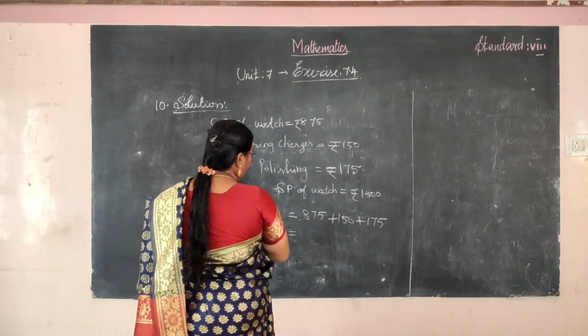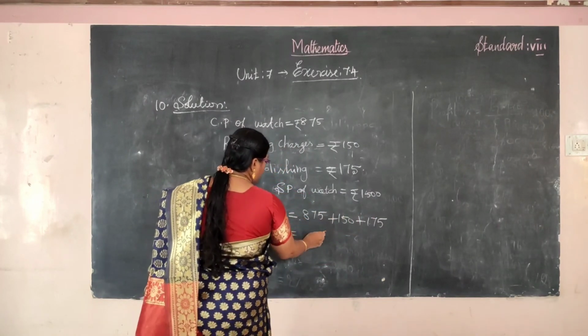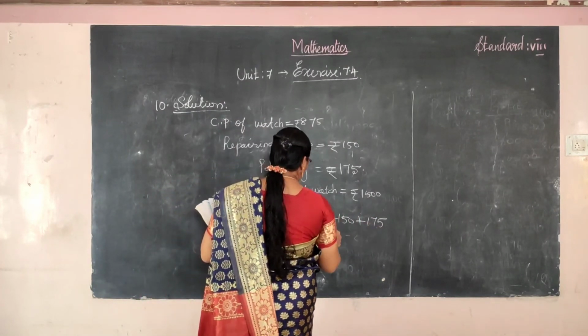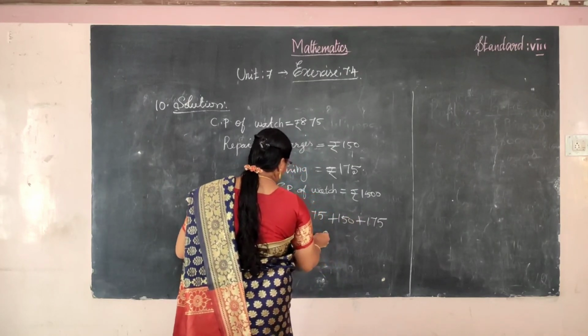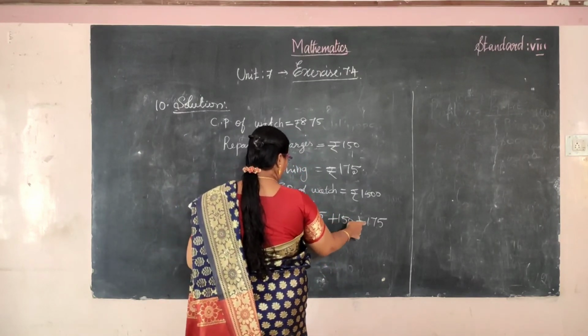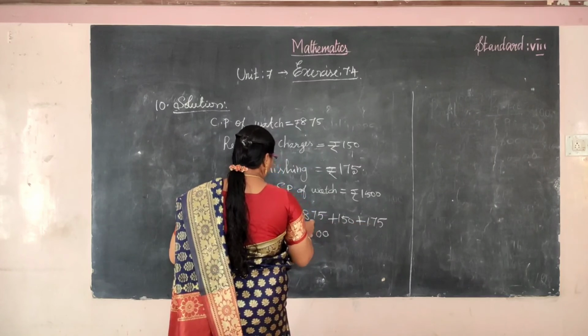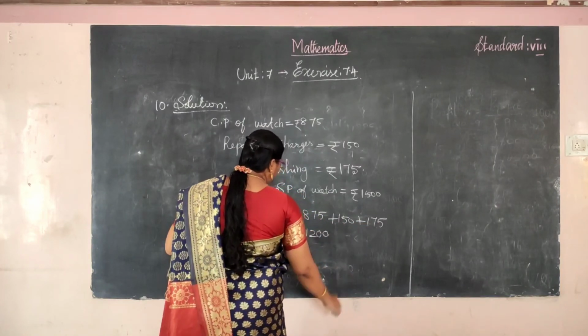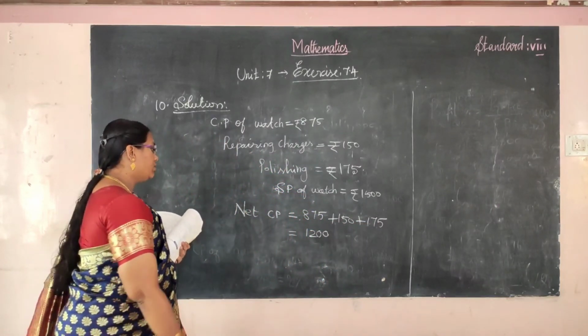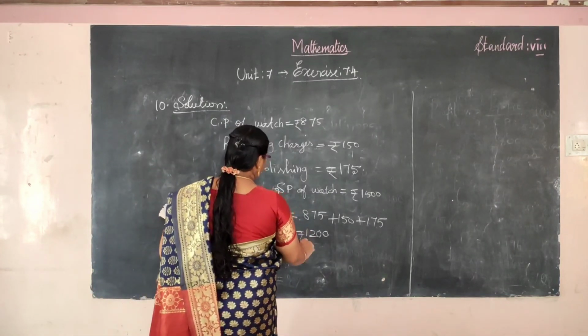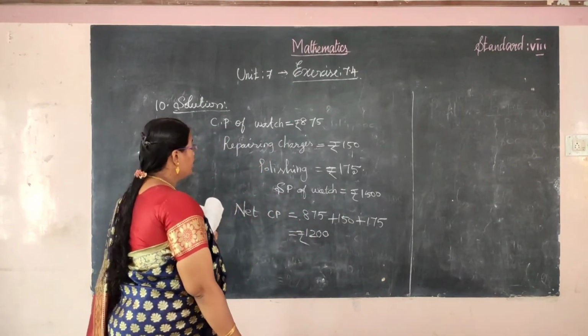Add all these, what do we get? 1,200. So the net cost price is rupees 1,200.